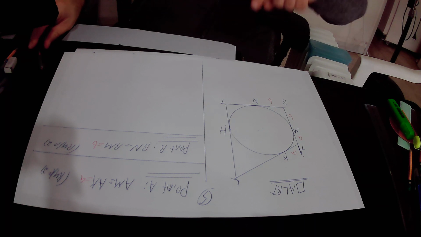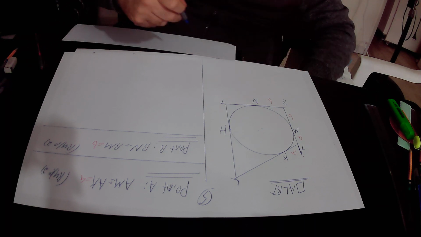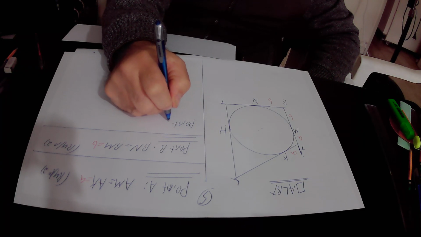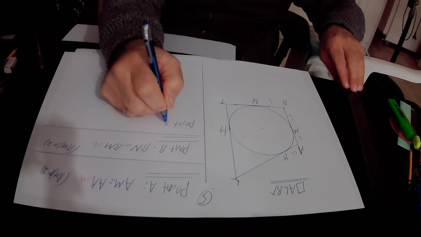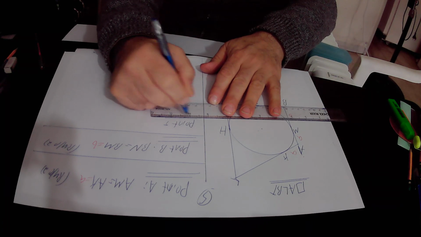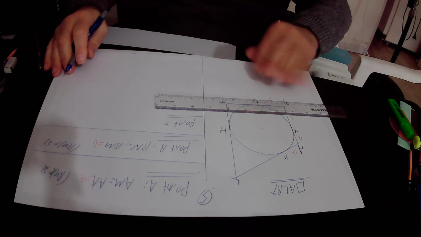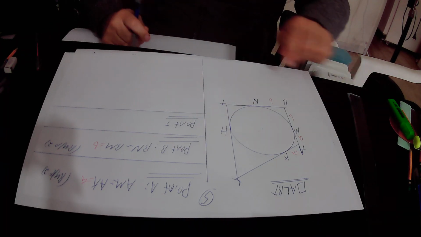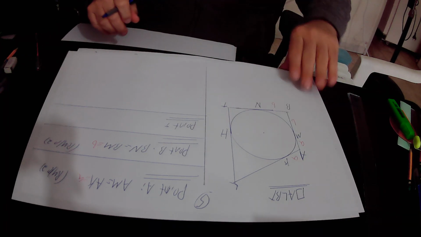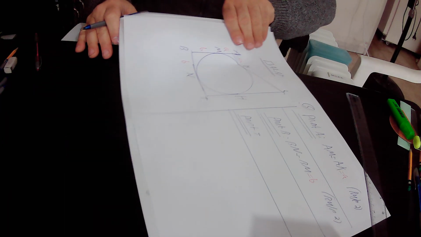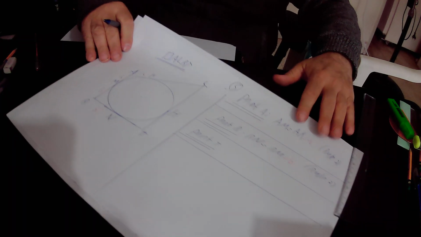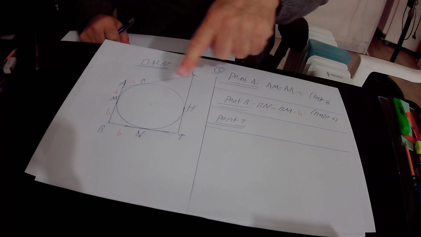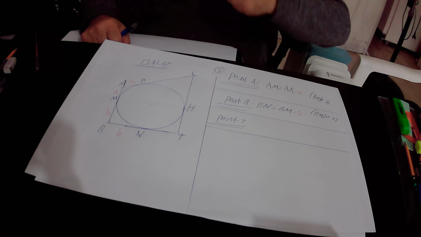In the next step, we focus on the common external point, point T. Here, from the common external point, point T, we have two tangents to this circle, tangent TH and tangent TN. And according to rule 2, they are equal to each other.